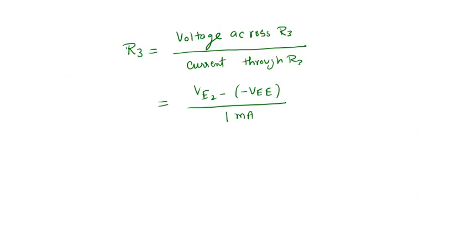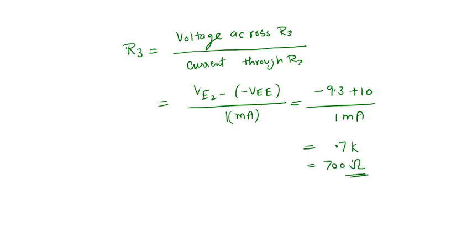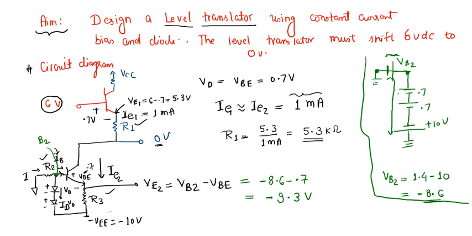So VE2 is minus 9.3 plus 10, divided by 1 milliampere, which is equal to 0.7 K or 700 ohms. Correct, 700 ohms will be the value of R3 if we need 1 milliampere of current through this arrangement, which is a constant current base.